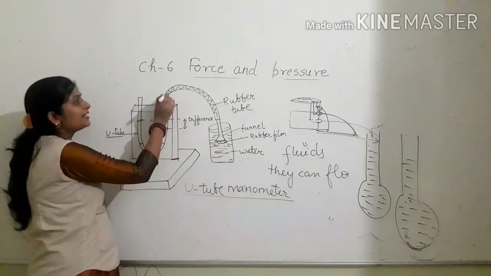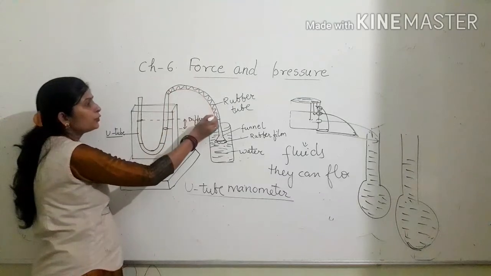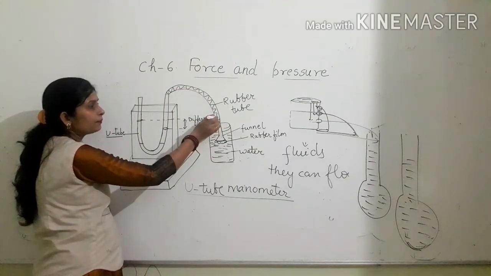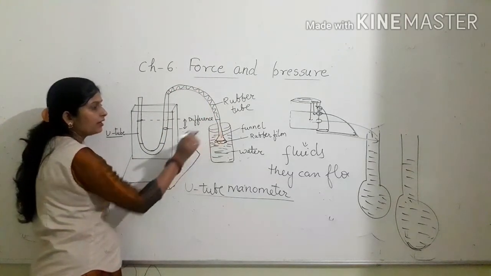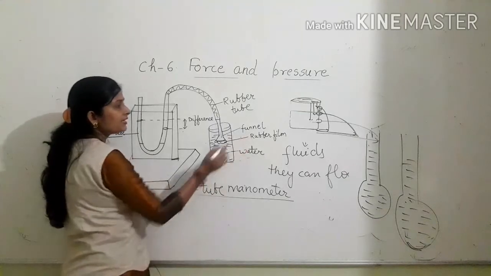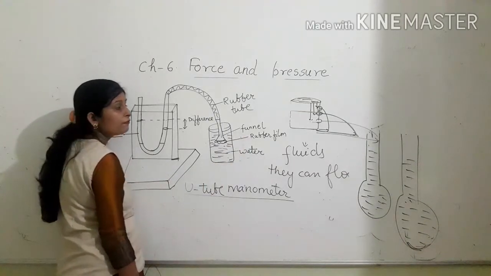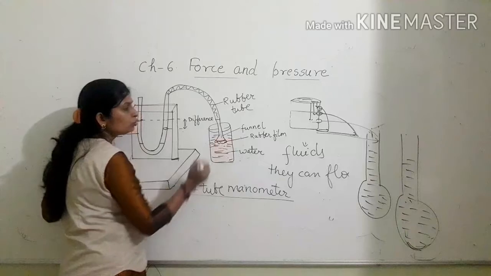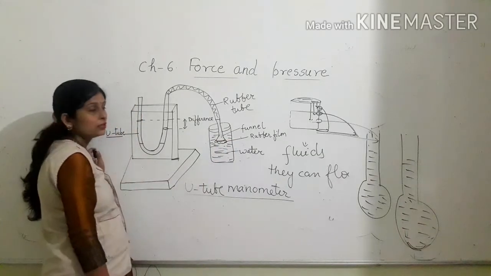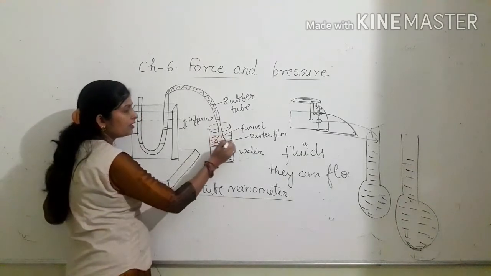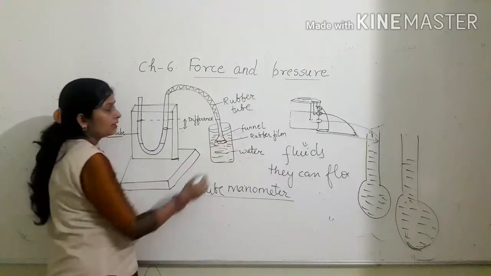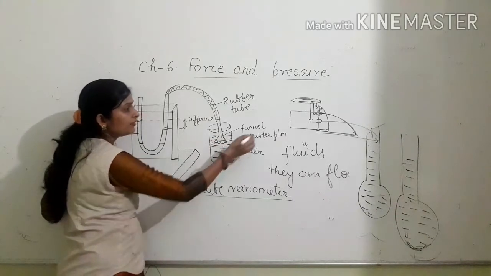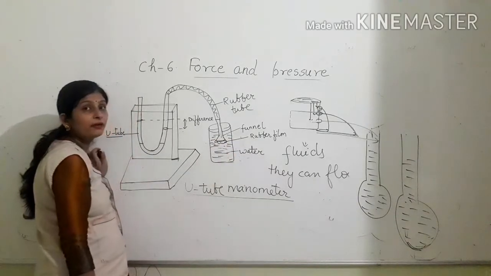Its one end is fitted with a rubber tube which is then tied with a funnel. There is a stretched rubber film over the mouth of the funnel. So the mouth of the funnel is wrapped with stretched rubber film.